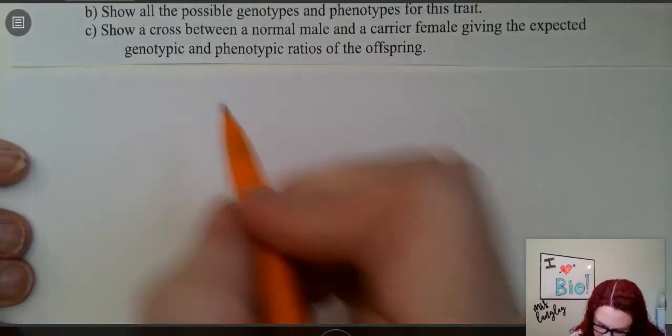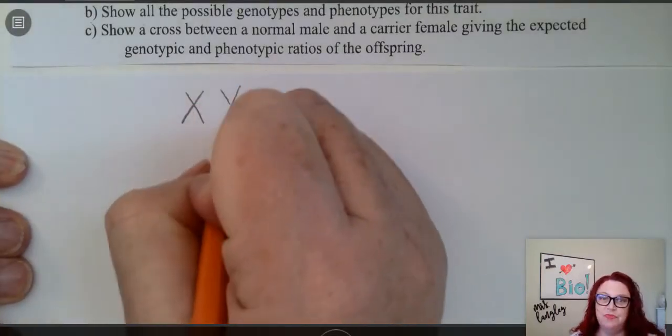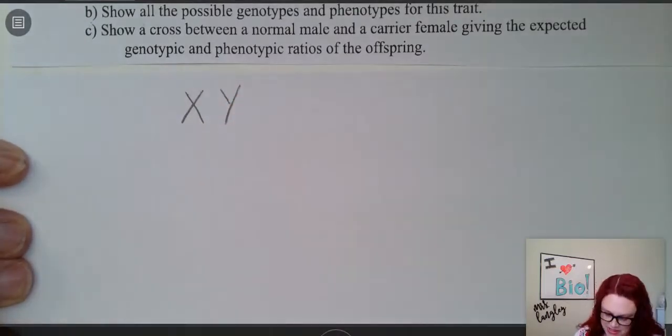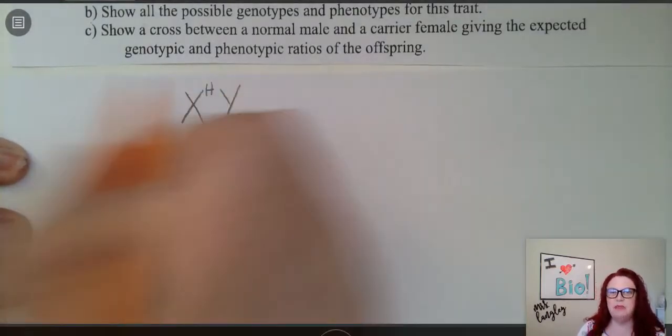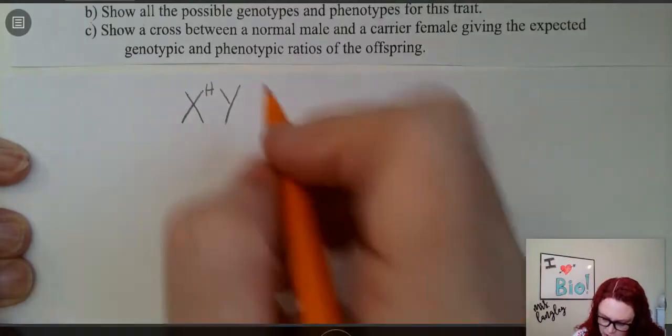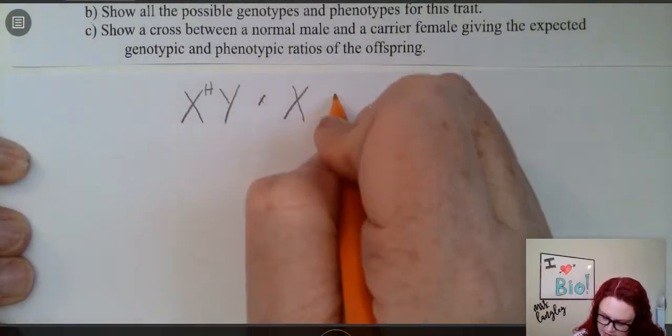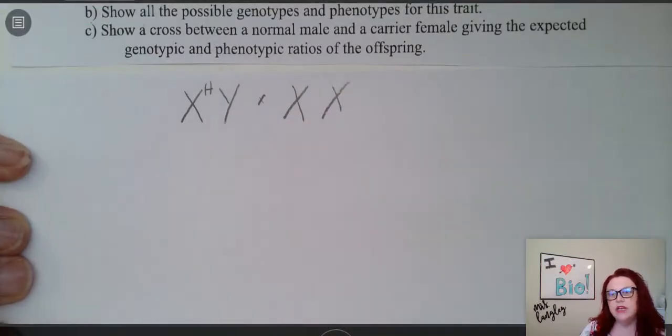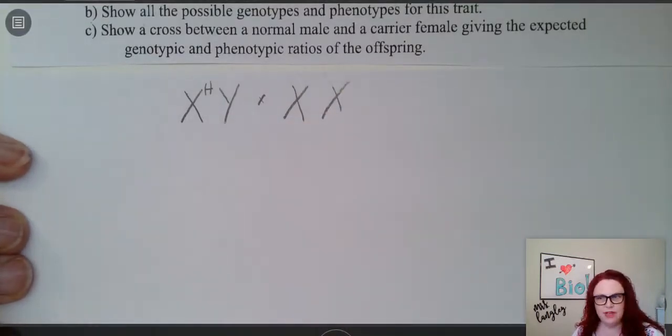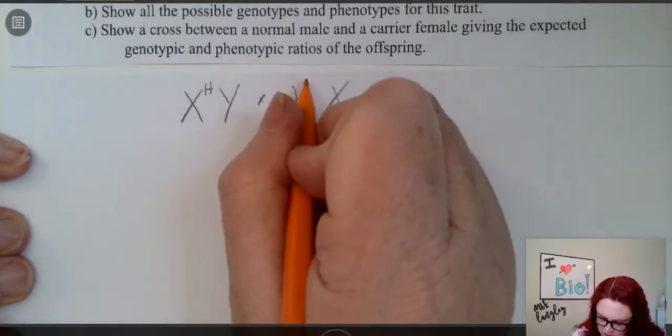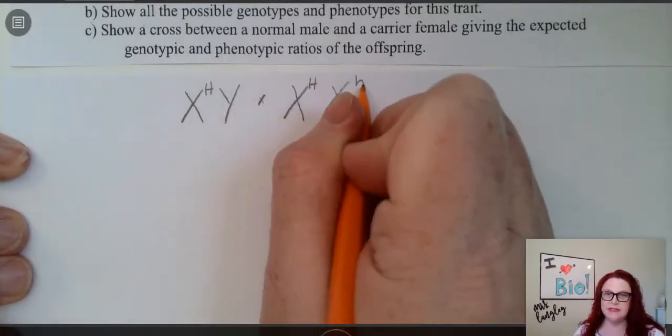That means XY. And normal meaning it has the capital. And we're going to cross that with a female, so an XX, that is a carrier. Now remember that carriers do not have it but they carry one hiding that they can give. So that means one capital and one lowercase.